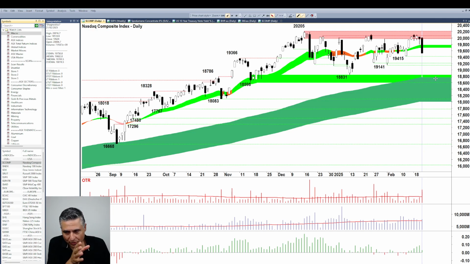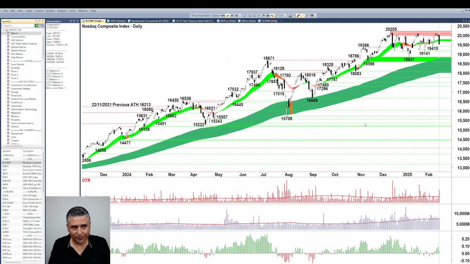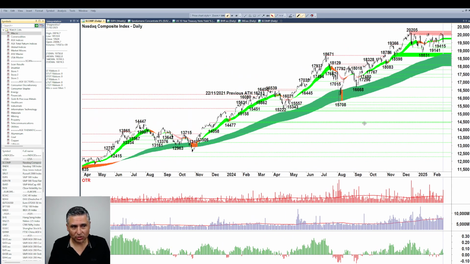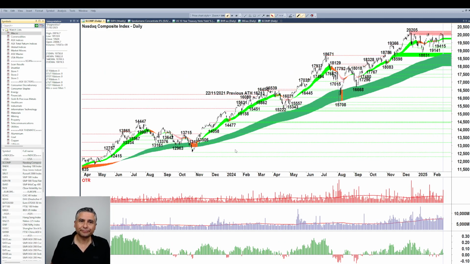The long-term uptrend ribbon is far more important though, and I would expect it to continue to hold and do its job, much like it has done with the Nasdaq since this trend began all the way back in 2023-ish.